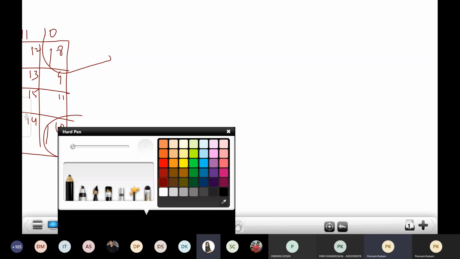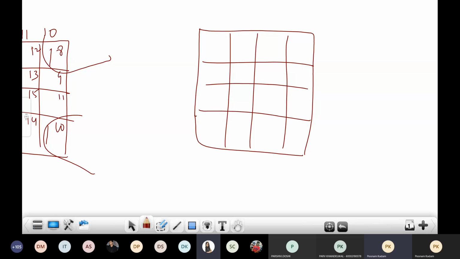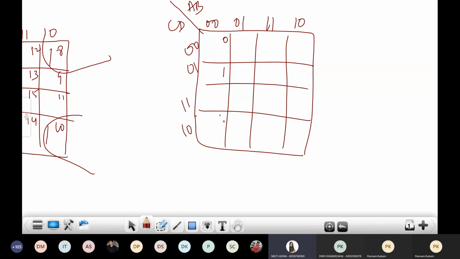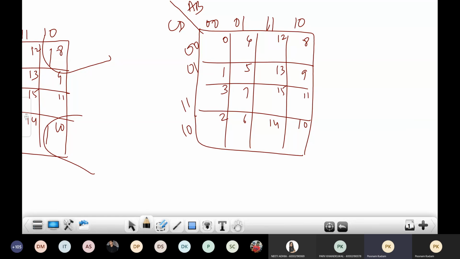Let me take another example. Now suppose ones are present at 4, 5, 6, and 7.